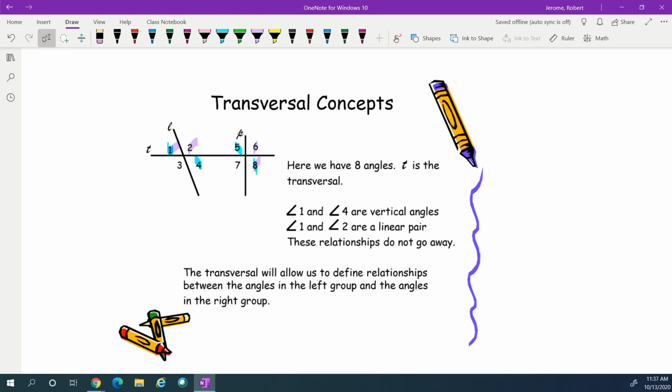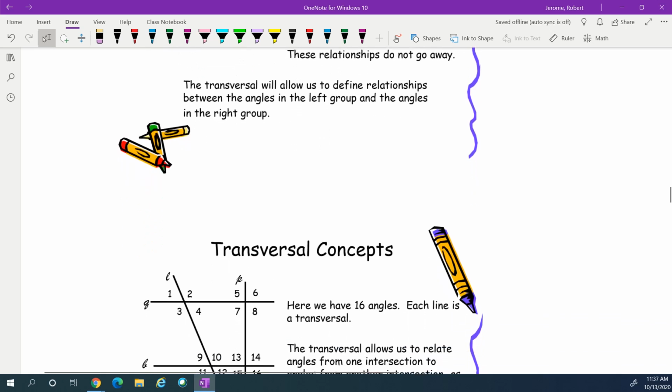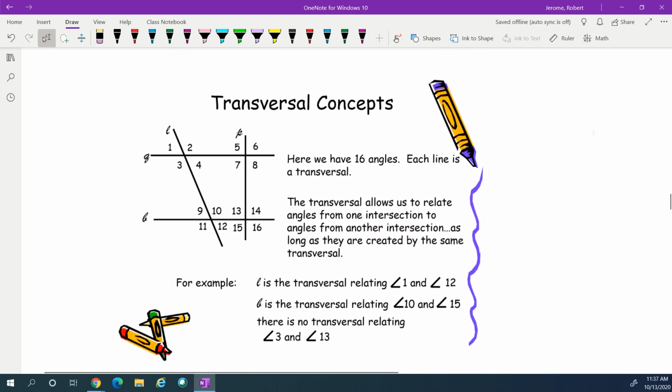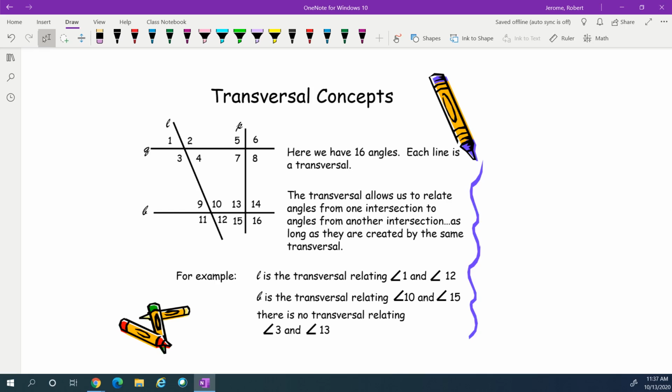But what we want to start to do is identify how can we connect the information from one part of the picture to the other. And we have to start here. We have to understand these intersections and these transversals. And that picture can get pretty busy, right? We don't want it to get overwhelming, but it can certainly get pretty busy.